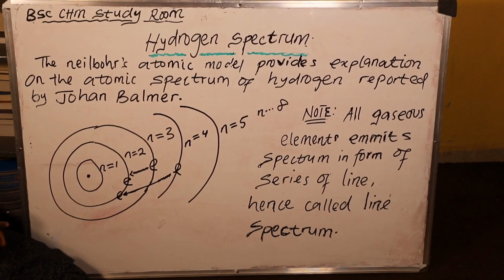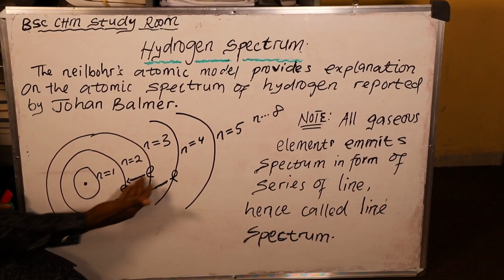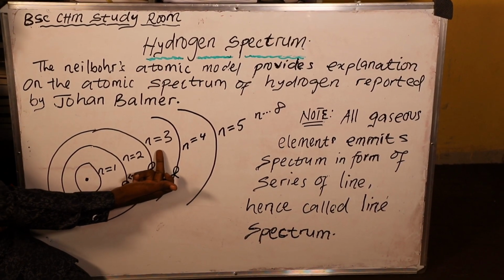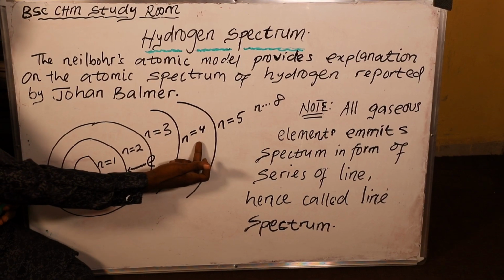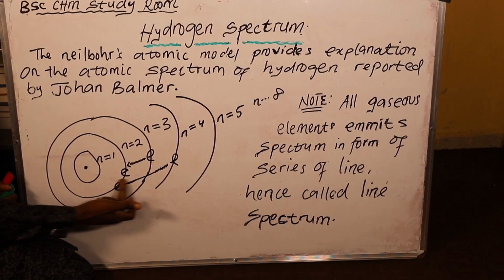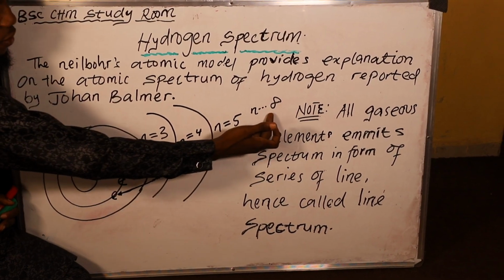Johann Balmer says that for every electron moving from any initial point, the destination of that electron will be where the energy level is equal to 2. This is the electron moving from n equal to 3 to n equal to 2, n equal to 4 to n equal to 2, and n equal to 5 to n equal to 2.